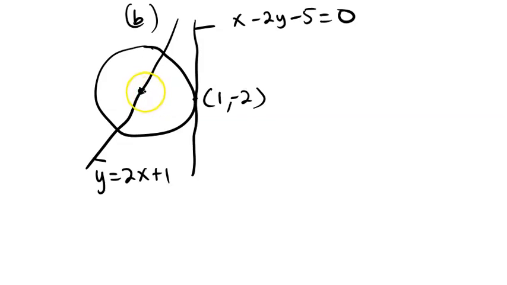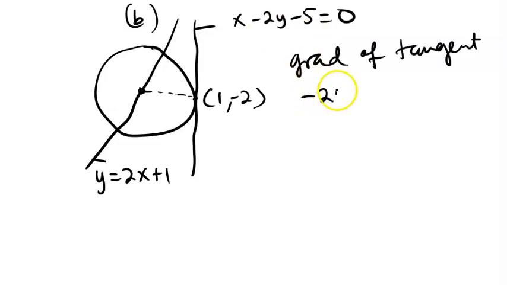Let's join this line. This becomes the radius, and the radius is always perpendicular to the tangent. So first, let's find the gradient of the tangent. Minus 2y = -x + 5. Then we divide both sides by -2.